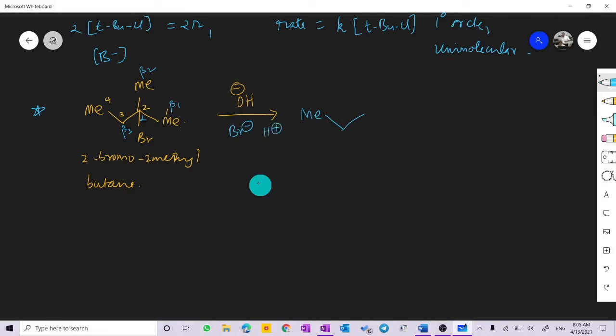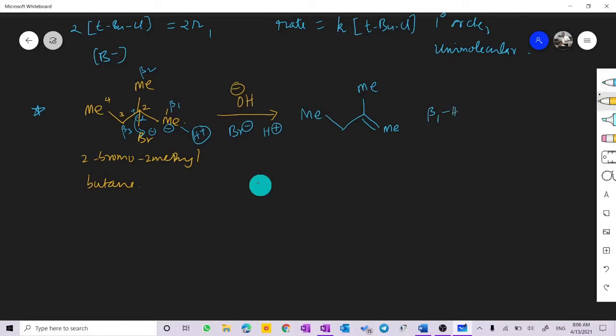This is dehydrohalogenation, as I told you. H from here goes out, this develops a negative charge, since the Br has taken the electron, and this develops a positive charge. Therefore you will have the Me here, the Me here, and the double bond formed here. This arises due to beta 1 hydrogen getting eliminated.